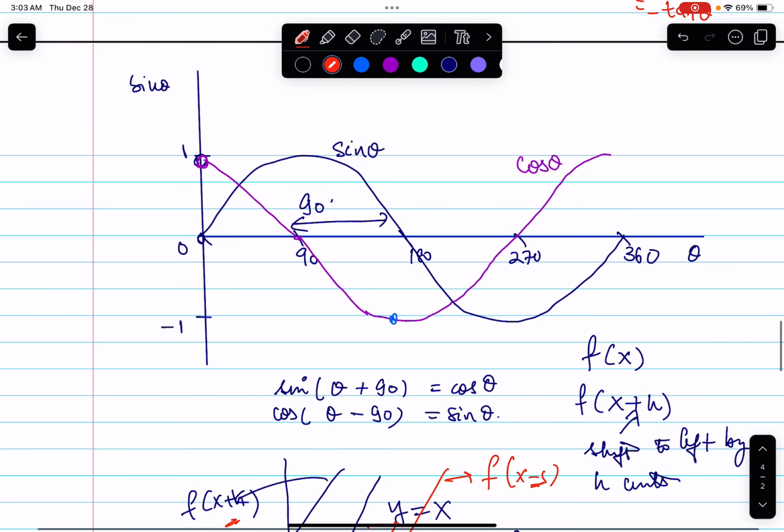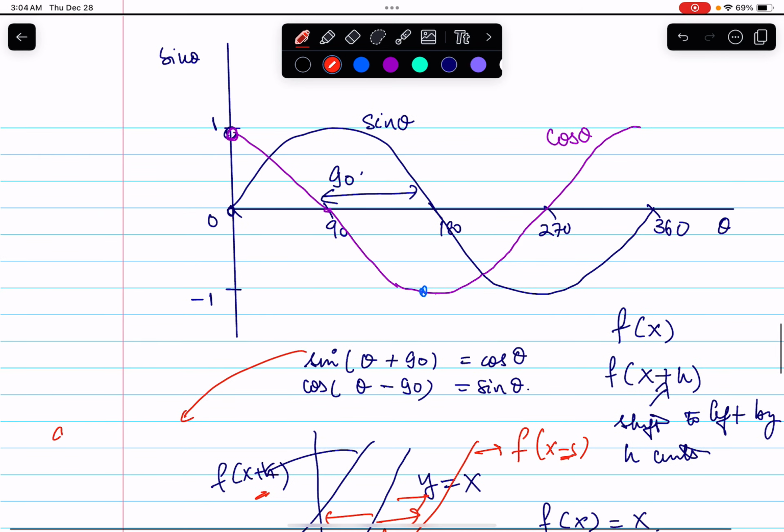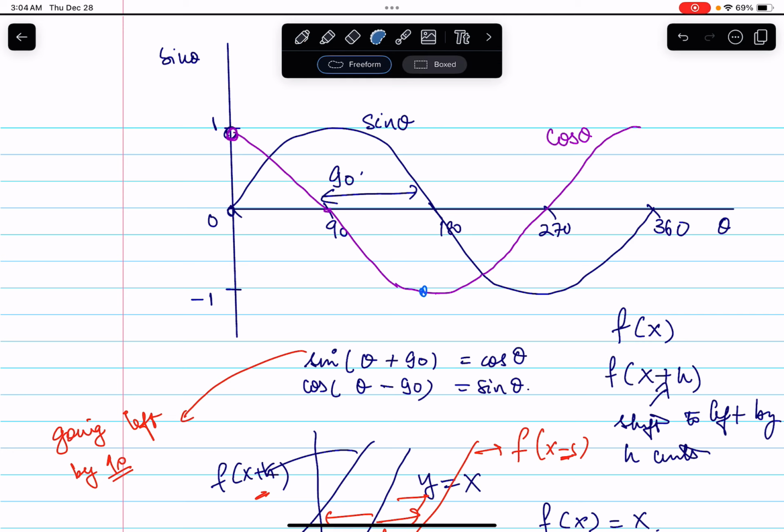And so the way you think about it is that when you have sine of theta plus 90, you're going to the left by 90. If I take this sine of theta curve and go to the left by 90, this is my original sine of theta position.